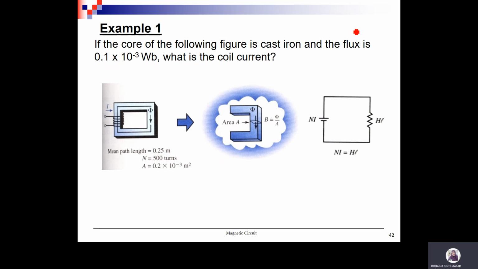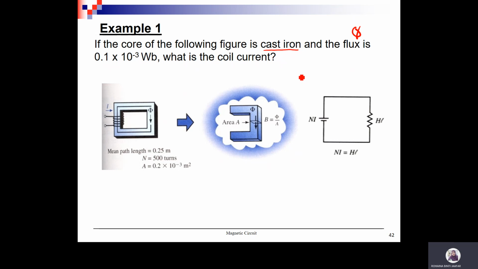So flux phi equals 0.1 times 10 to the power of minus 3. First you have to study the circuit and figure out the material used for the magnetic circuit. This circuit only uses cast iron as the material.